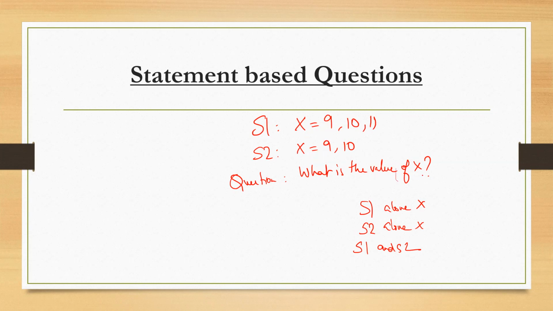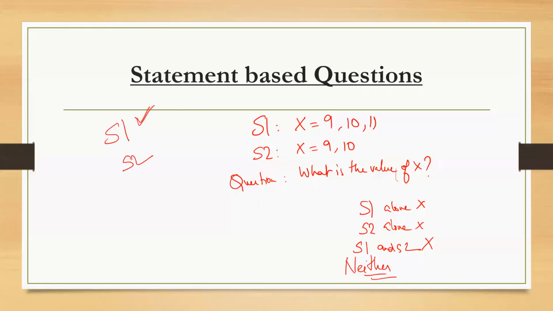But again, that is not distinct. So S1 and S2 together also will not answer my question. So then what is the option left? Neither. Okay, so this is what we are focusing upon. All right.